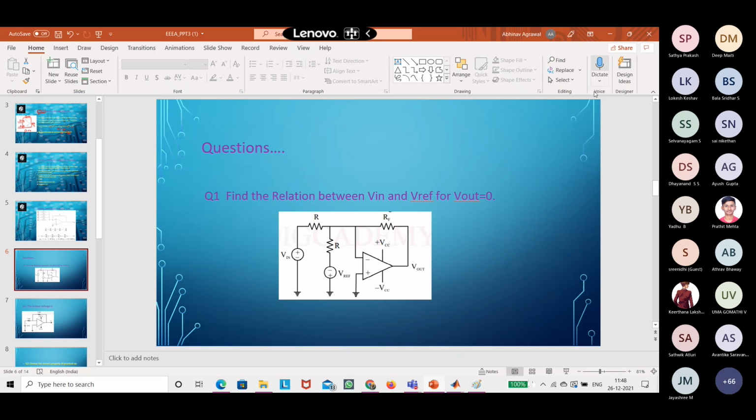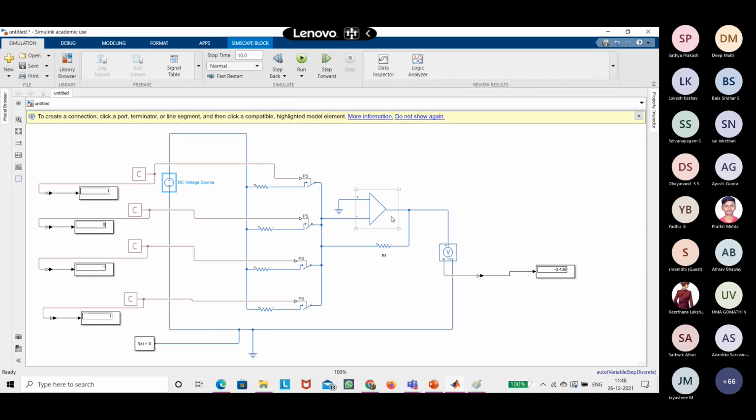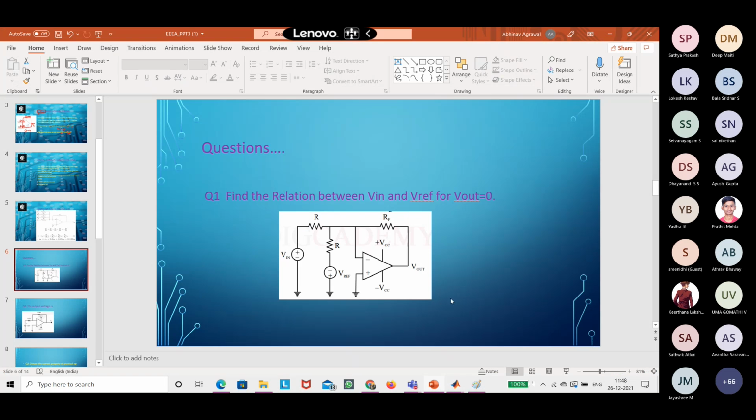So that is what is shown over here as well. You could change those inputs and just see that. So that is from my side, and we'll now have the questions.